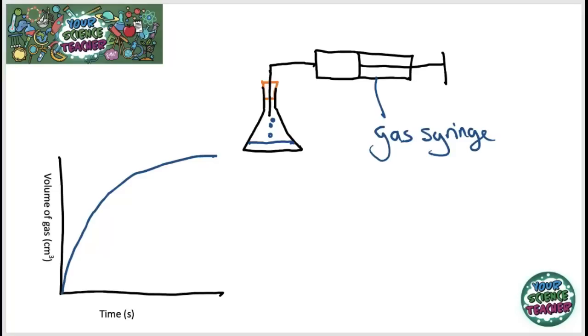And in fact, at this point on my graph where it's flattened out, my reaction has stopped. The reason reactions get like this is that we have now made all of the product and we have no more reactant left in order to react together. So our reaction has come to a stop.